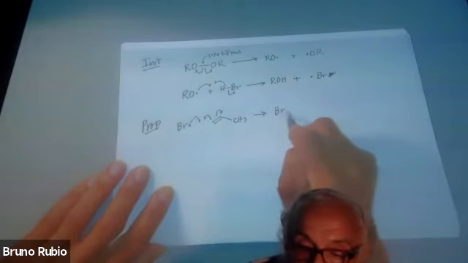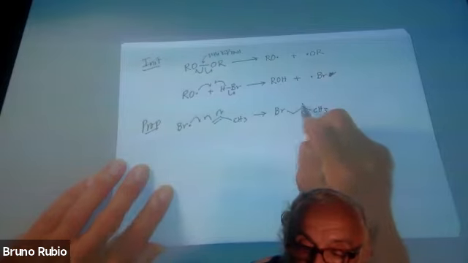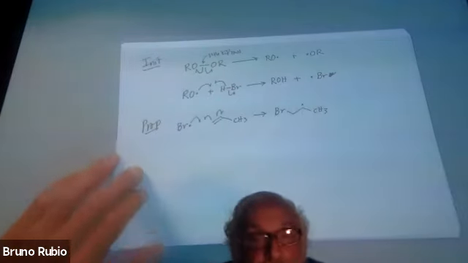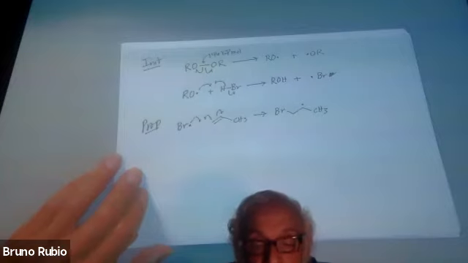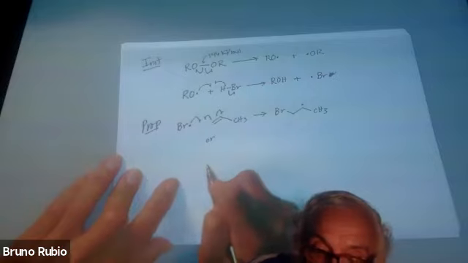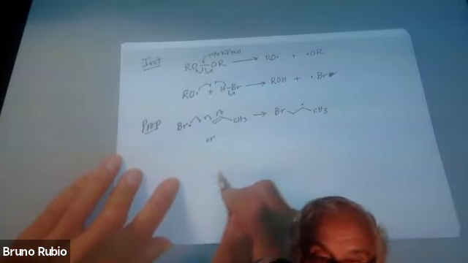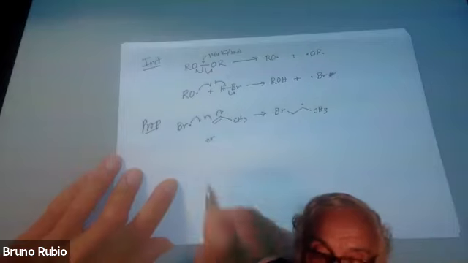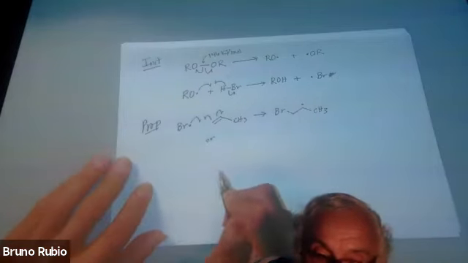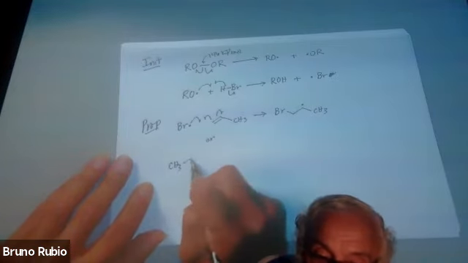And so we get this species. But another thing that could happen here is that Br could unteam this double bond in another way. Let me try to draw this in a way that makes visual sense.